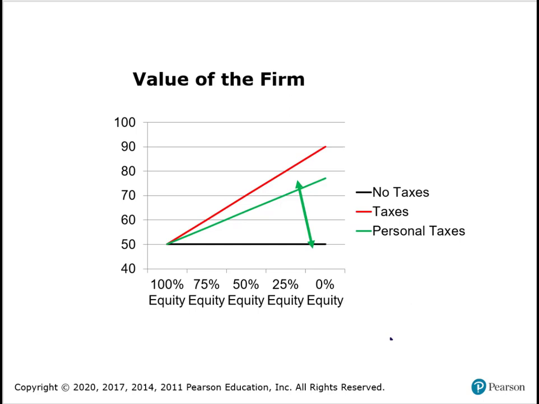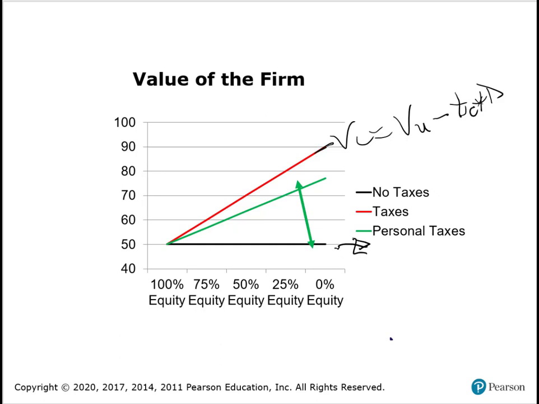So this, the red line, this is V sub L equals V sub U minus T sub C times D. But when we incorporate the personal tax rate, again, it cannot be any less than this. It can't be any more than this.